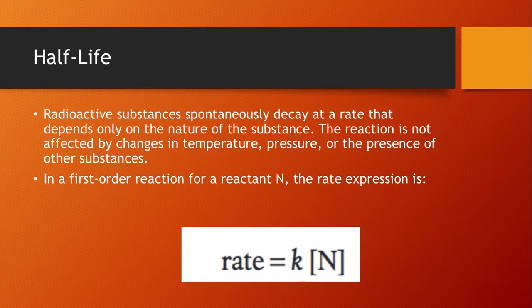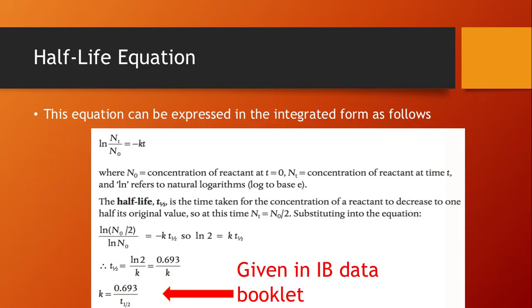In a first-order reaction for a reactant N, the rate expression is given there. The rate is equal to the rate constant times the concentration of N. First-order reaction. This equation can be expressed in an integrated form, which is as follows.